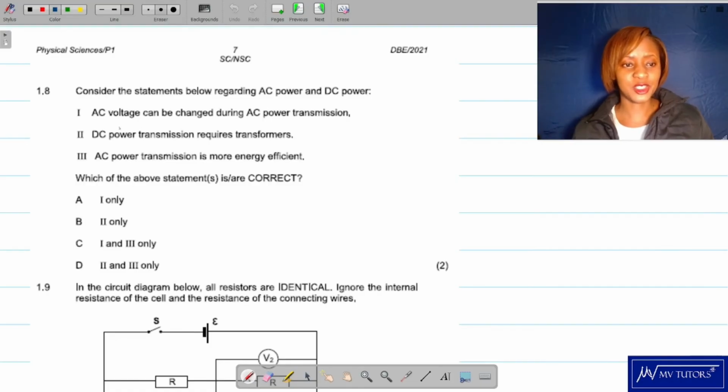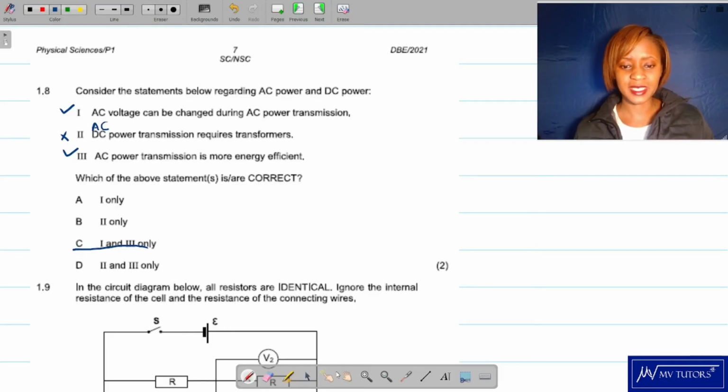Yes, that is actually true. DC power transmission requires transformers. No, that is false. It's actually AC power transmission that requires transformers. And then AC power transmission is more energy efficient. Yes, it is. So our answers, it's only 1 and 3. So it's C.